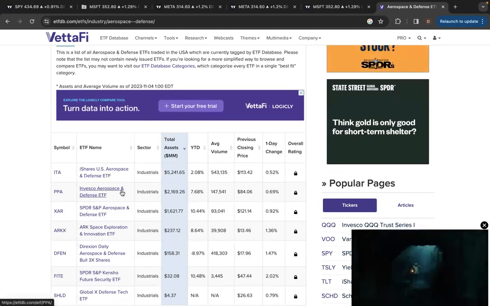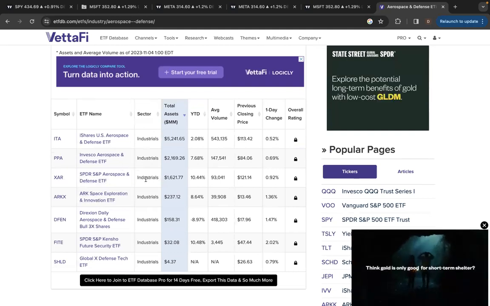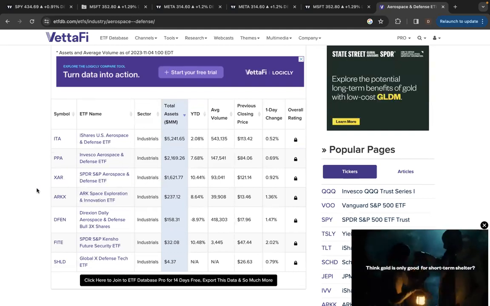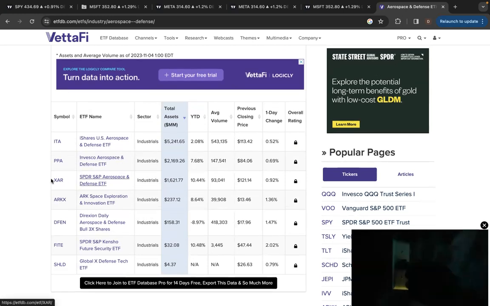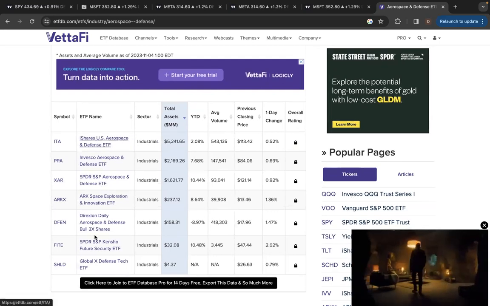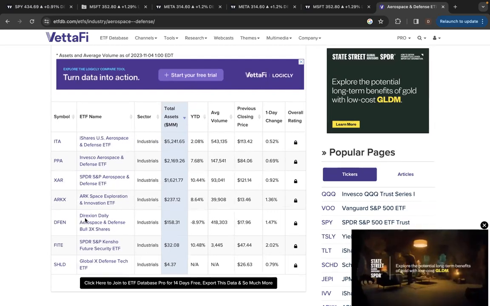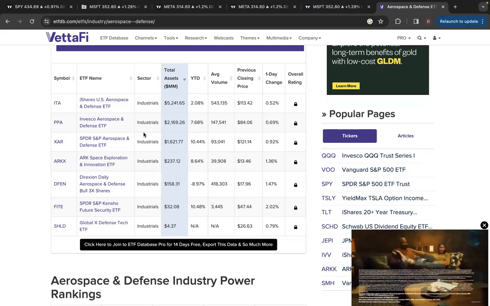So this helps you, though some of these aren't going to be very relevant to what you're looking for. You kind of just have to play around with them. Like I said, I look for the ones that are familiar, like ARK, iShares. I don't really see Direxion all the time, so I'm not really paying too much attention.